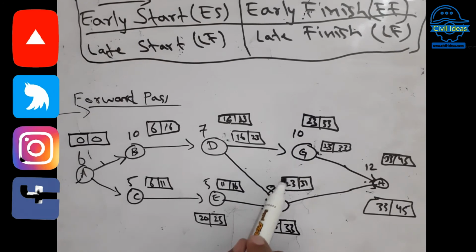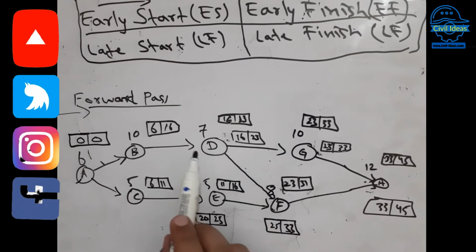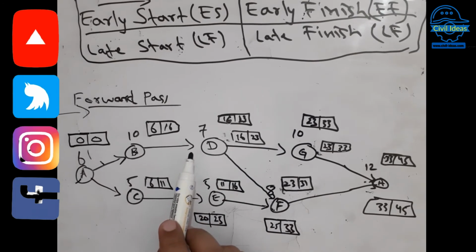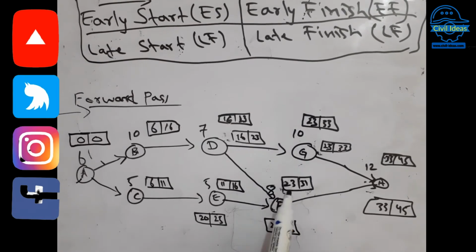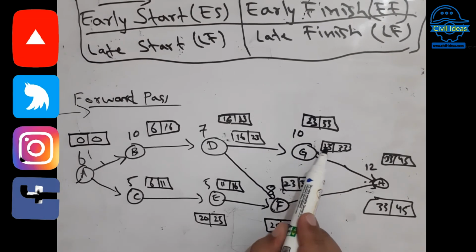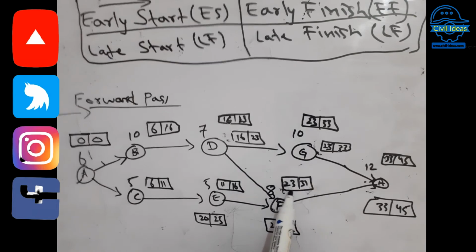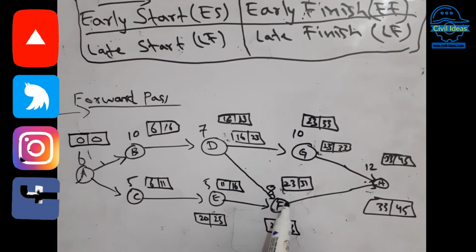In the backward pass you take the minimum value, and in the forward pass the maximum value, because you do not want to delay the project. So in the backward pass you take the minimum of these two. So the late start is 23, and let's start here in activity F.